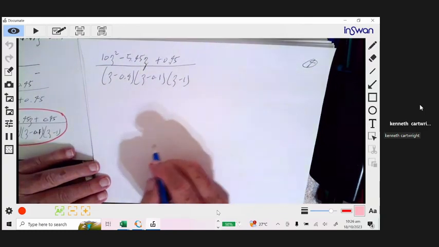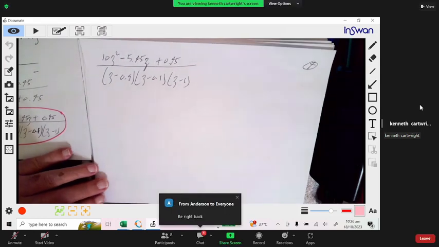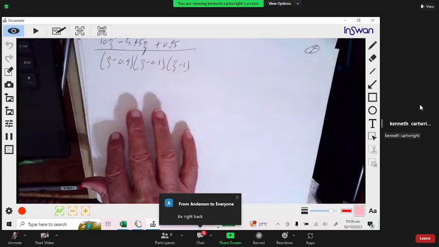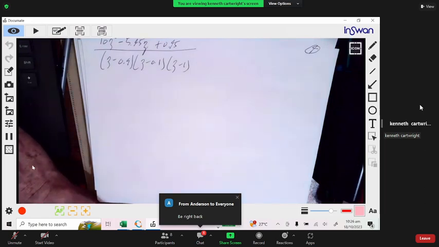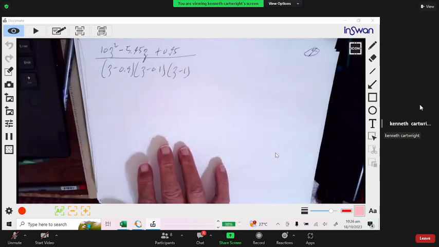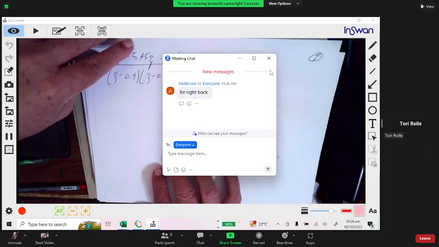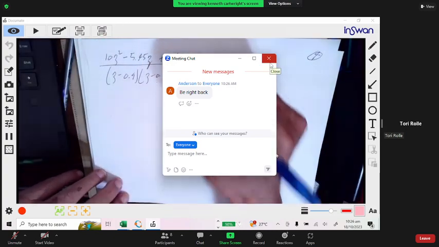What do I do with this? It's going to be partial fractions.